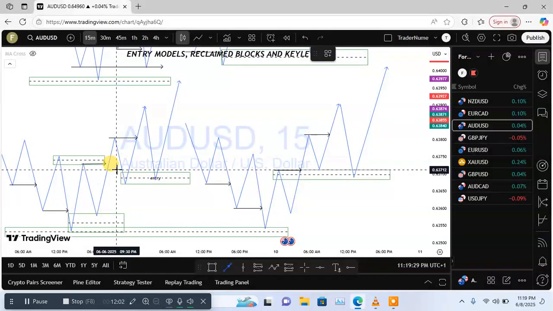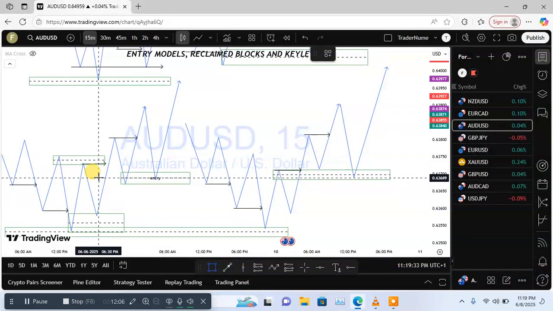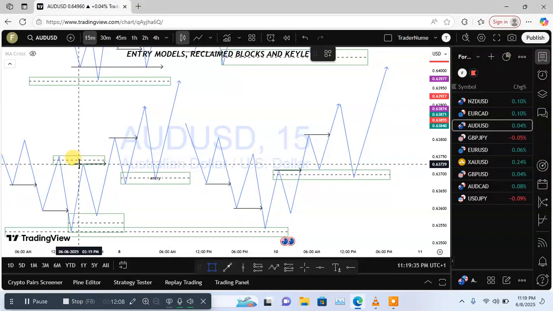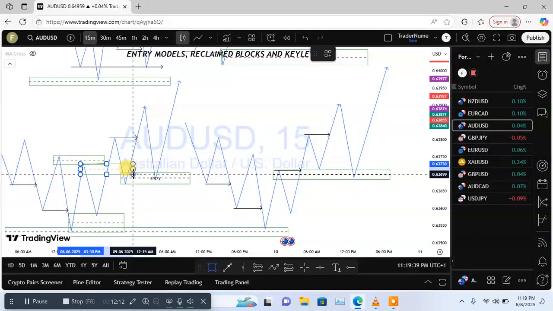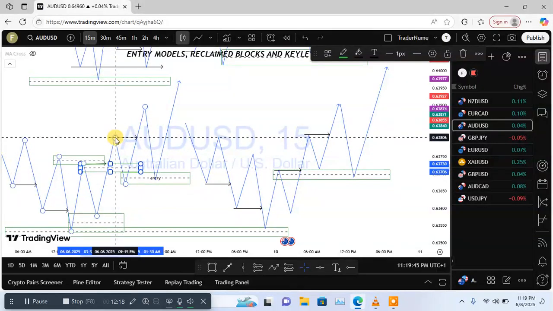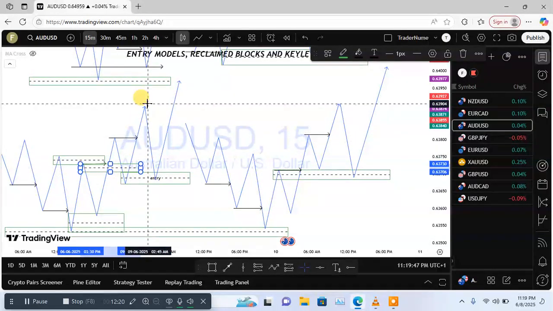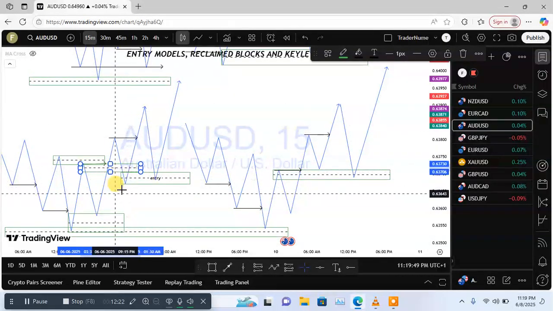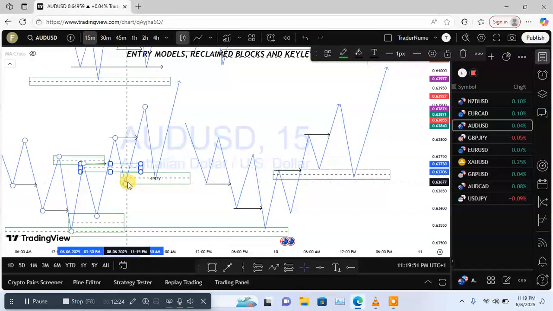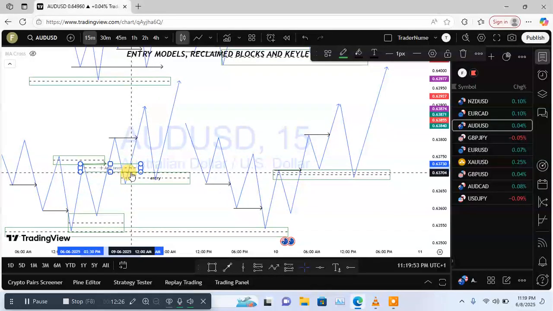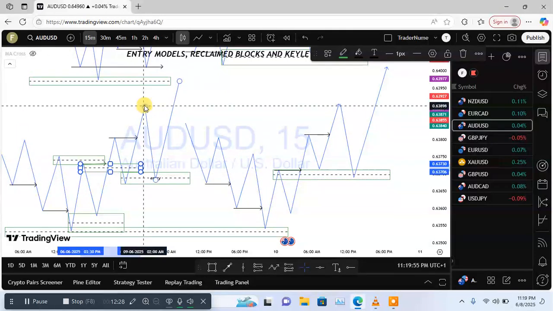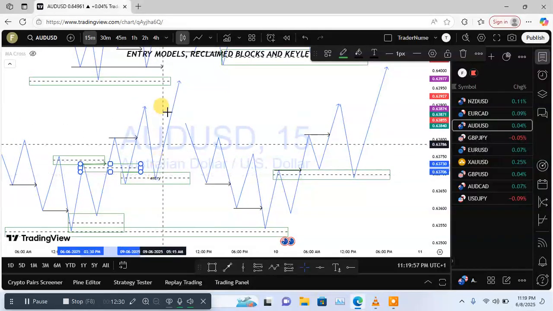If this level is mitigated, look at this level, because there is a supply zone here that turned demand zone. If price mitigates that level and gives a break of structure, that means that zone has been mitigated. So our entry will now be the new demand zone here, where price will now come down and take our entry.